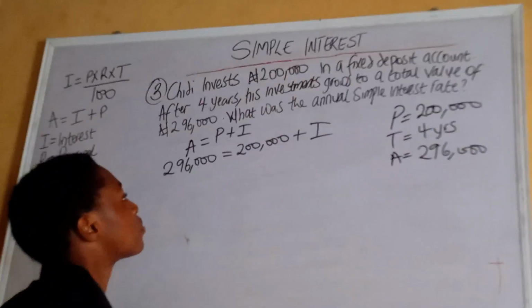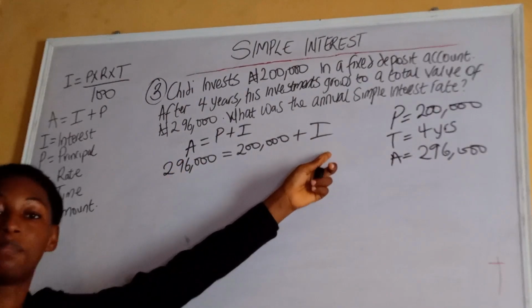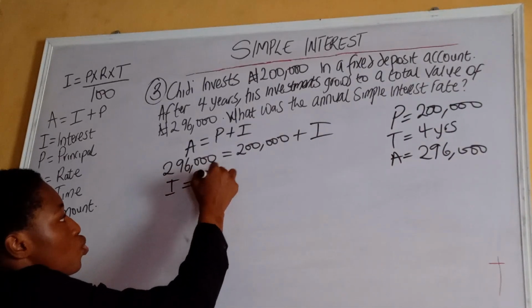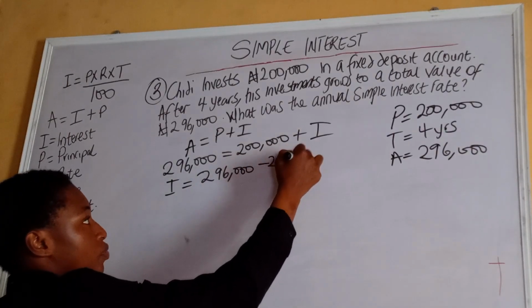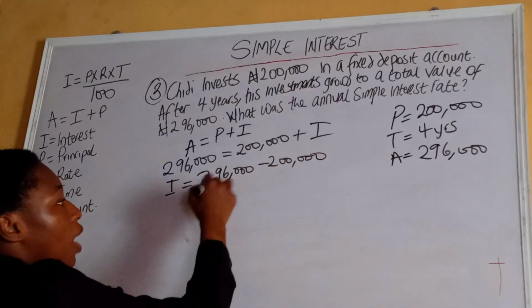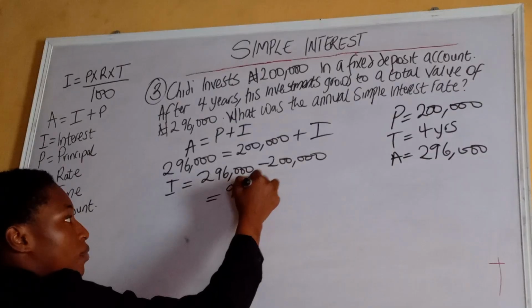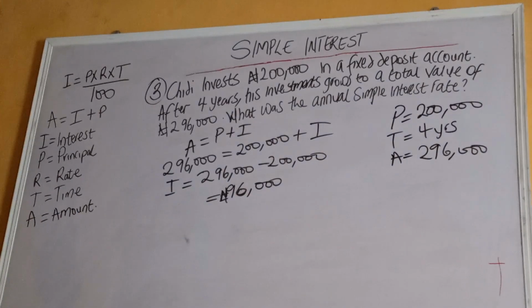So plus I. I can move 200,000 to the other side so we can find our interest. Our interest is going to be 296,000 minus 200,000. Our interest is 96,000 naira.